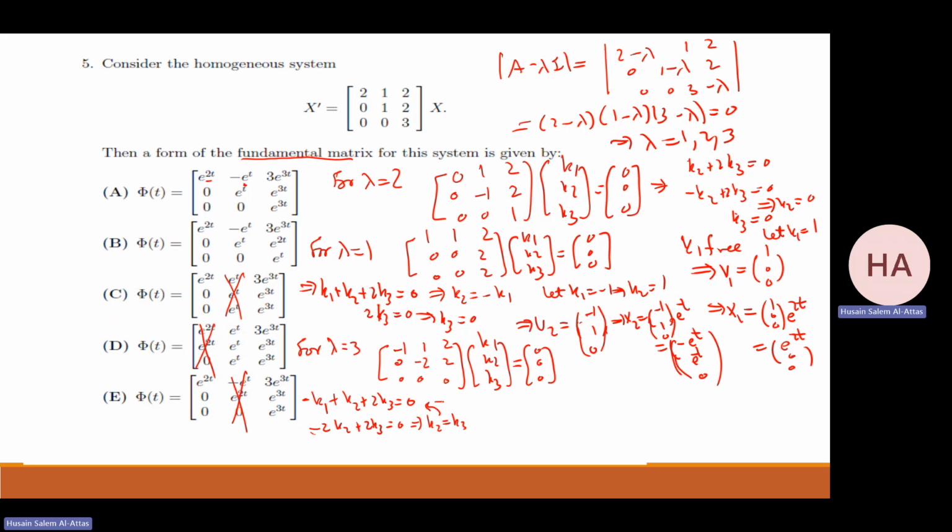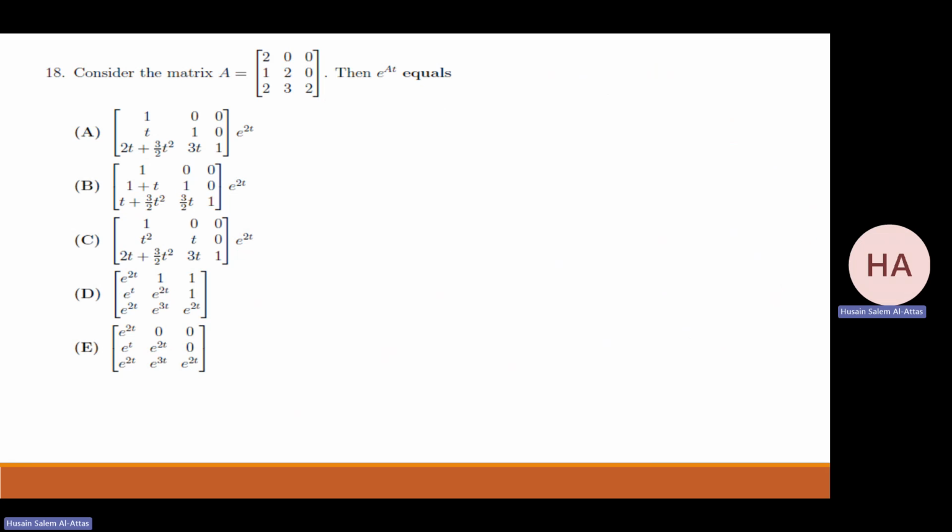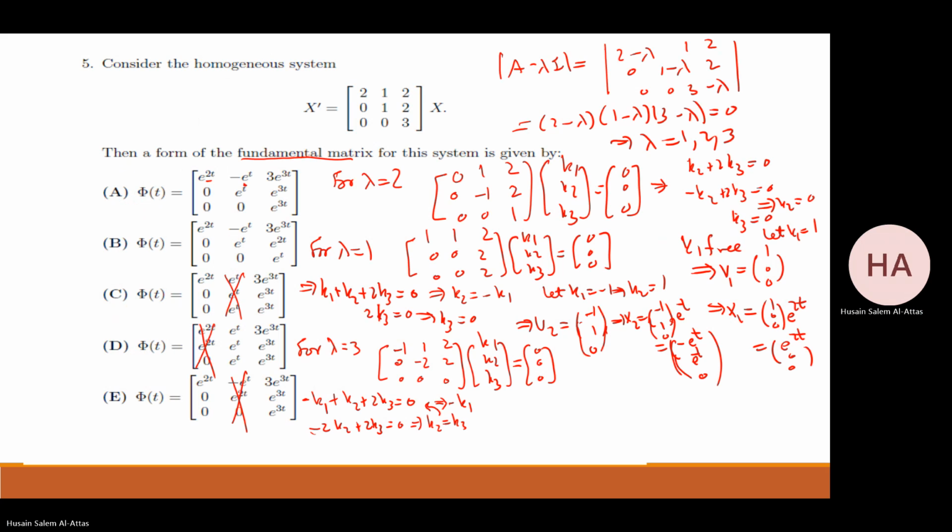Plug it here. That gives me what? Minus k1 plus k2, which equals k3, plus 2k3 equals 0. So k1 equals 3k3. So for v3, I let k3 equal 1. v3 would be what? 1, 1, 3.